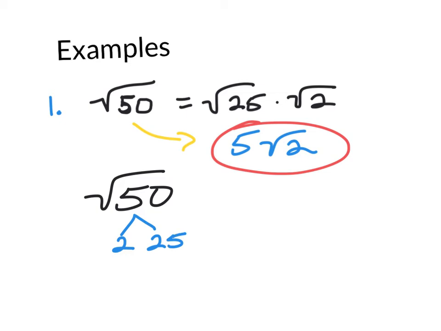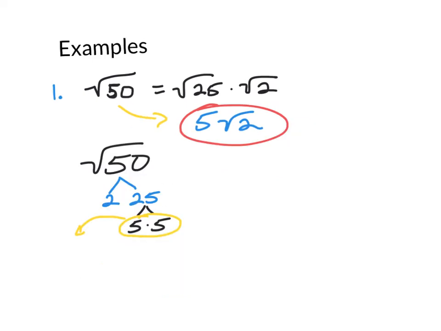And then we continue factoring, and we know that 25 is 5 times 5. Okay? Well, when you're factoring, or when you're using radicals, once you identify two numbers that are the same, then they come outside of the radical.